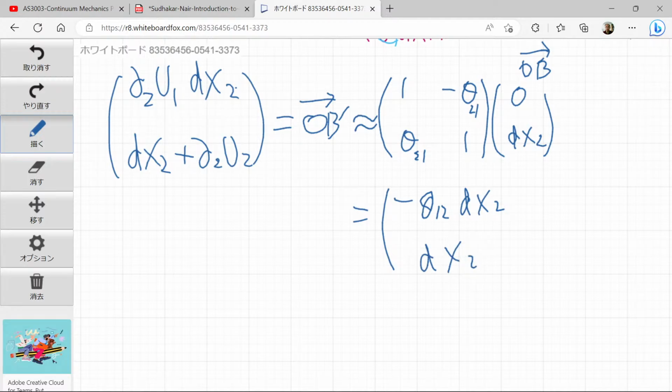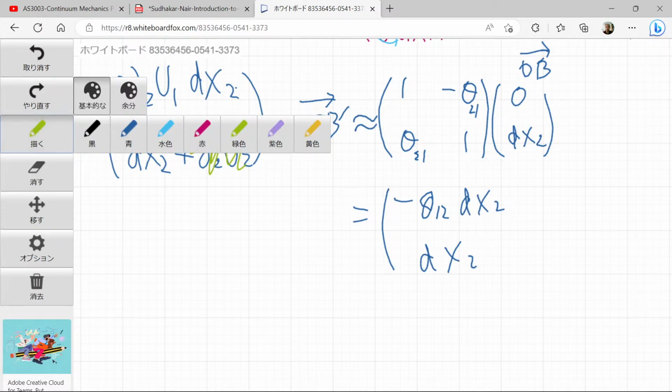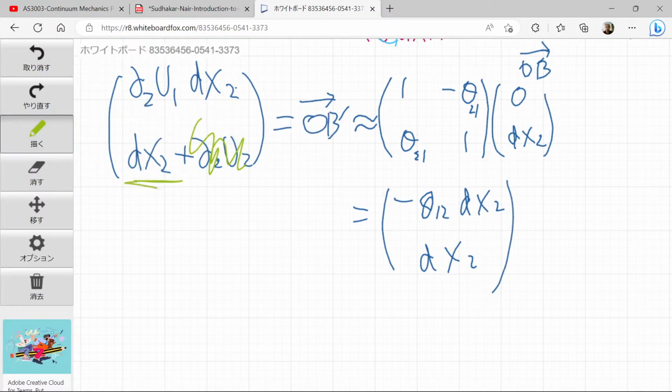So we neglect the small quantity. Yeah? Small quantity is neglected. So then we see here dx2. Then partial 2 u1 is minus theta.